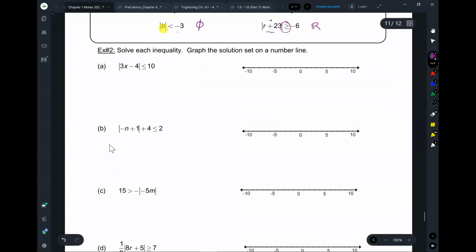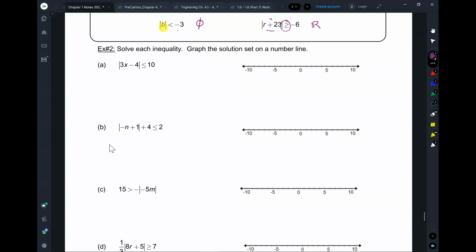Okay, let's take a look at this one. So I have an absolute value less than or equal to 10. Less than or equal to is and. That means I say negative 10 less than or equal to this number, and then less than or equal to 10. Add 4 to all sides. Negative 6 less than or equal to 3x, less than or equal to 14.